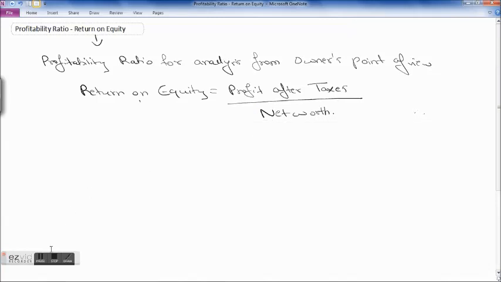Now let's see how to calculate net worth. Now there are two approaches of calculating a net worth.